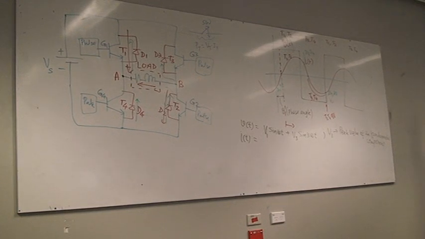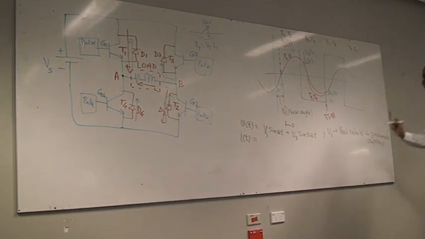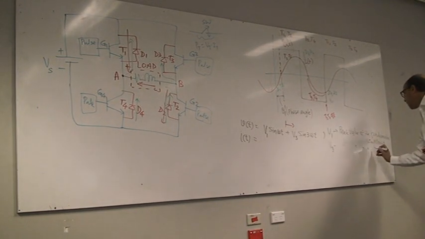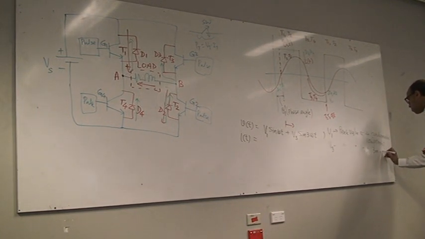Whatever you see in the world, the power is supplied by the fundamental component. And V3 is the peak value of the third harmonic. So how do you get I for this waveform?